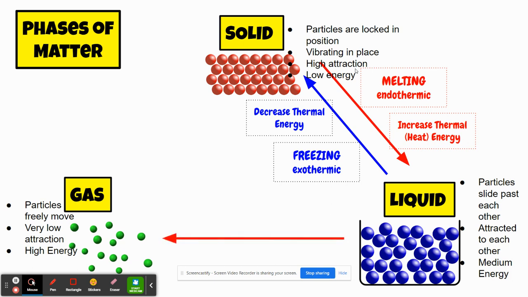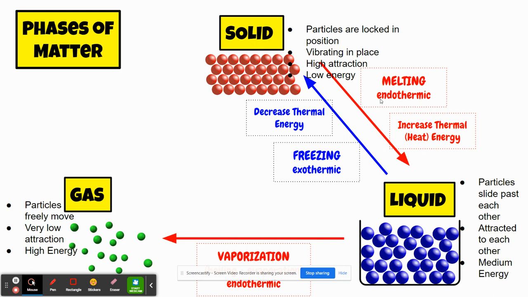Let's go on. We're going to continue. Now we're going to go liquid to gas. If you want to change a liquid to a gas, you add energy. There's our energy line right there. And this is called vaporization. Vaporization is vapor, water vapor, liquid to gas.